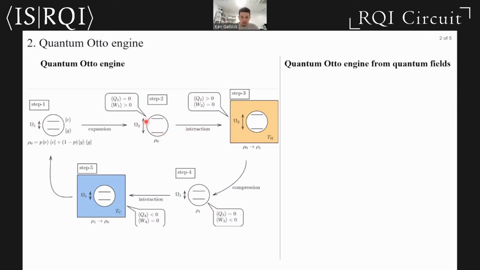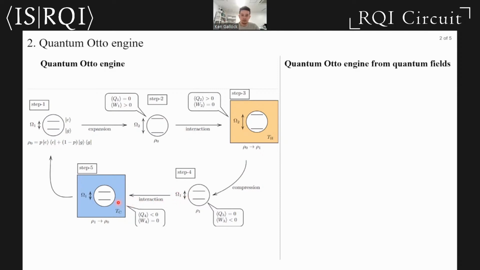Now, you put the qubit into the thermal bath and thermalize with it. In this process, the energy gap is fixed, so this can be considered an isochoric process, and heat will transfer from the heat bath to the qubit. Then you take out the qubit and compress the energy gap back to the original omega 1 value.